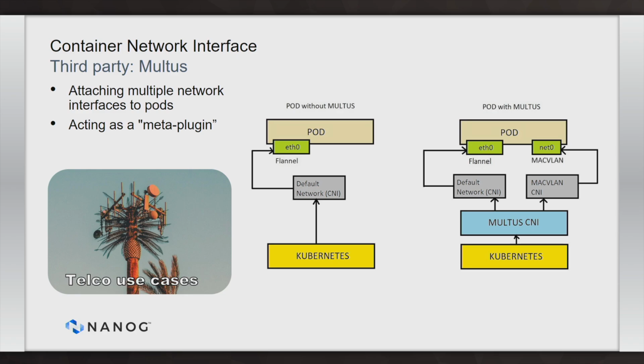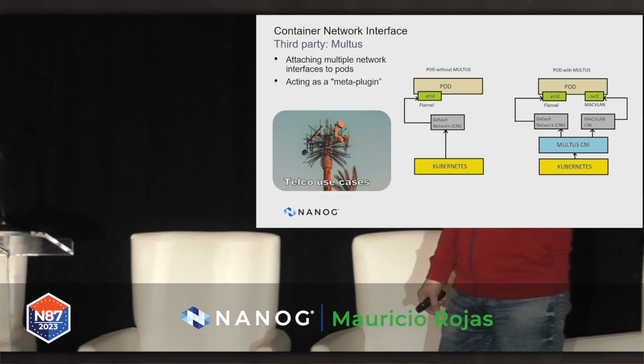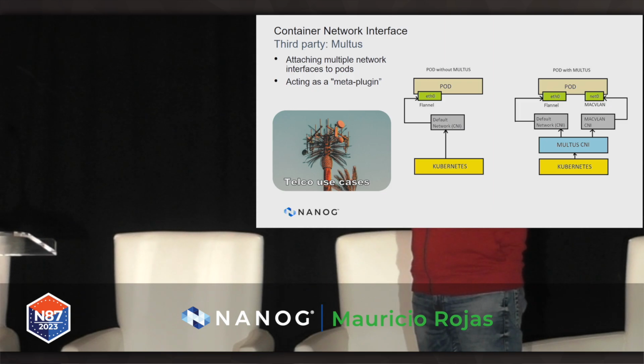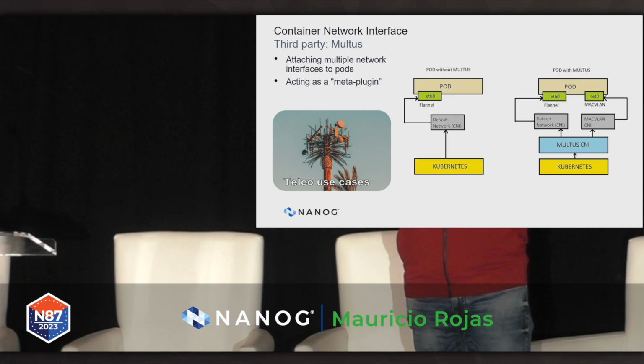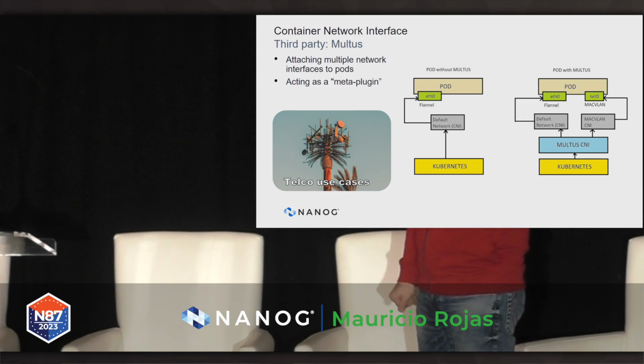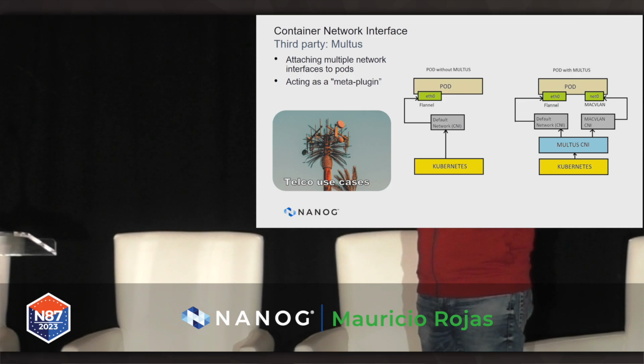You have the default interface, which could be Calico, which, like I told you, is very popular in telco cloud deployments because it's free. I'm seeing some people using the enterprise version, but more in the enterprise business, not in telco. Then you need to add additional interfaces to go to specific endpoints, maybe even define a specific VLAN for those elements to go to specific routers or devices in the network infra. Then you can add as many plugins as you want through Multus.